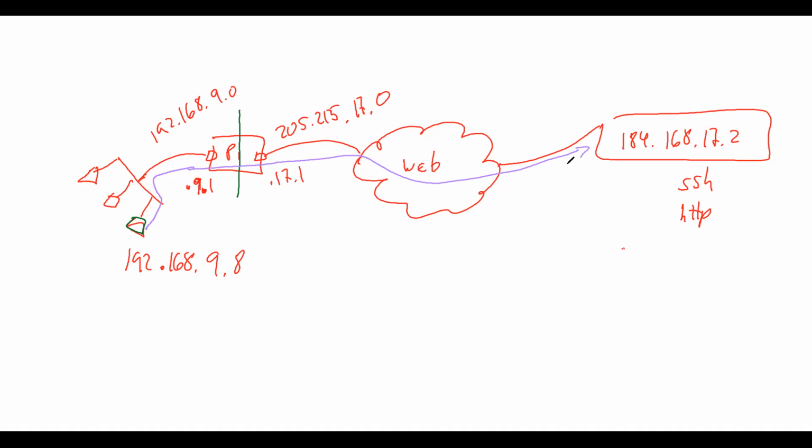So in that case, this definitely needs to be the forward chain. This would not work if you use input or output. It's got to be forward, because it starts here and the communication will go through.